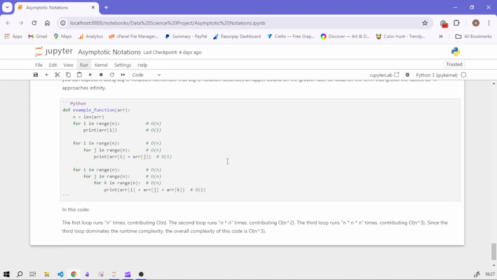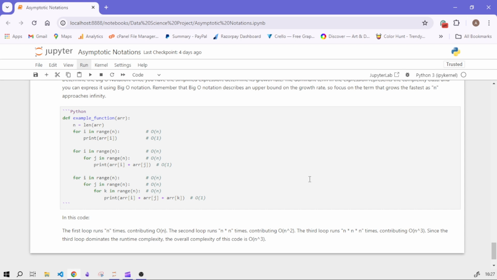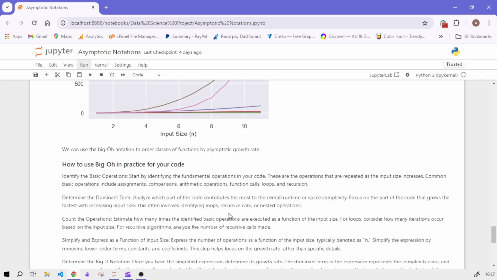So let's say if you have written this function, here we figure out that it is O of n raised to power 3, then you can simply plot a graph. If you have another function, you can simply find the time complexity of that particular function, and you can plot them together, and you can see which graph is less than the other one. And based on your analysis you can come to a conclusion that yes, this one is more efficient as compared to the other one. So that's how you can do that.